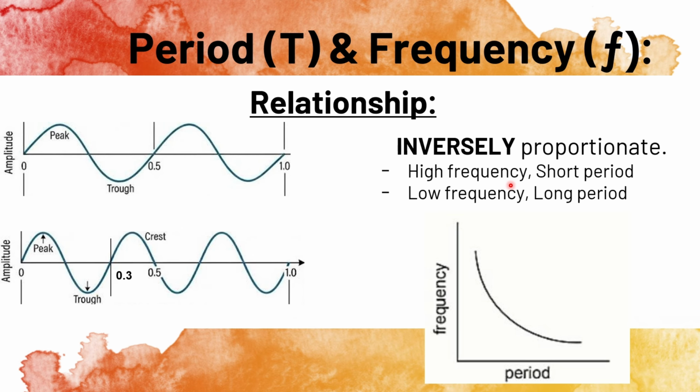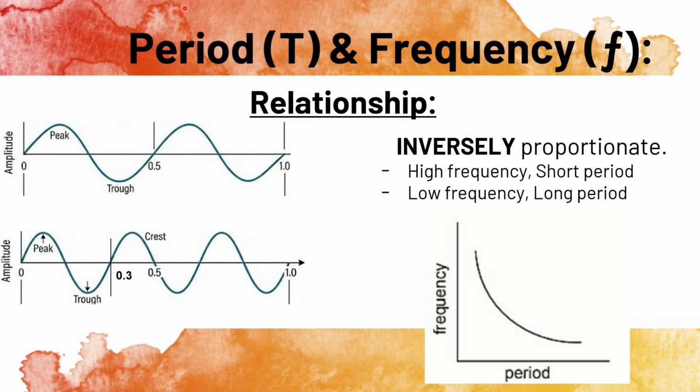So high frequency simply means there are going to be more waves or more wave pulses that are going to pass a specific point in 1 second, while the period is going to be shorter. This simply means that the time taken to complete one wave pulse is going to be less.